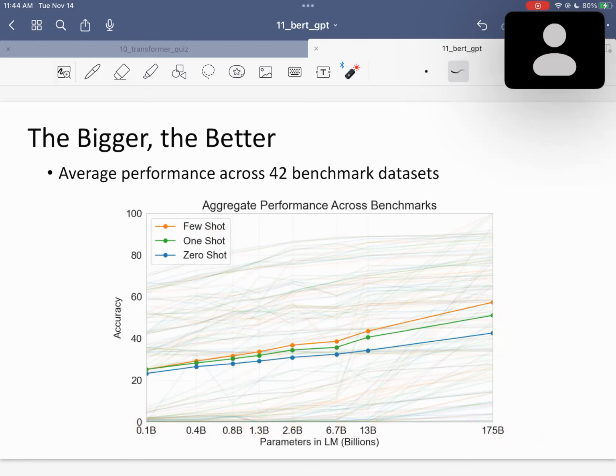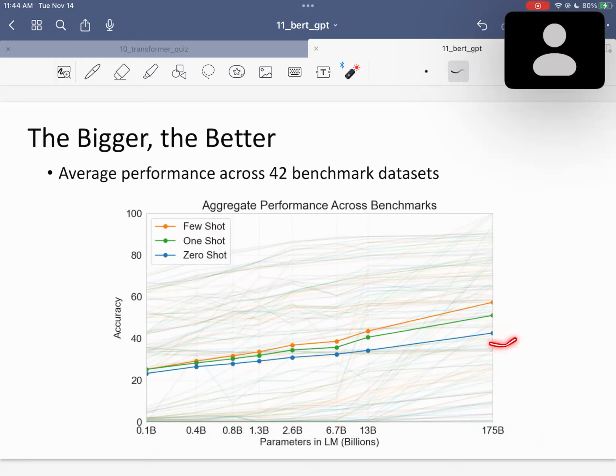So as you increase the size of your model, your zero-shot capability increases. There's no overfitting, there's no saturation. Usually, based on the theory that we learn from machine learning or statistical learning, the larger the capacity of your model, it soon overfits, and then your test performance actually decreases, but not here, not here.